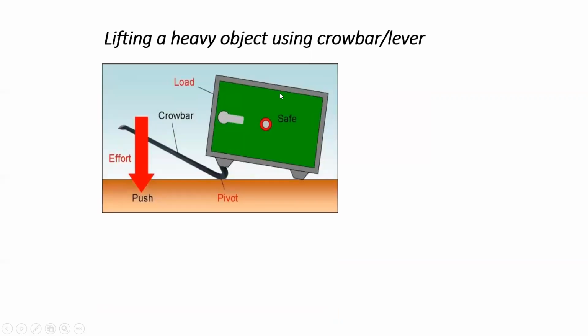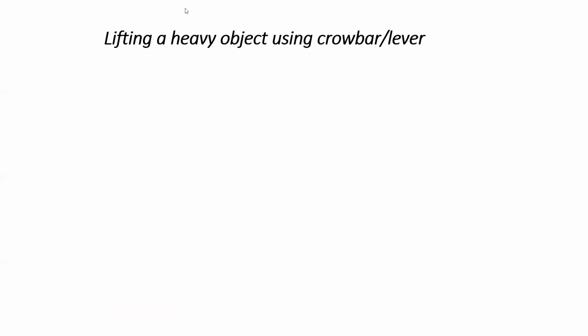In the same way, lifting a heavy object with a crowbar or a lever is also an example of a moment. How is this an example of a moment or a turning effect? For example, a seesaw also has a moment.